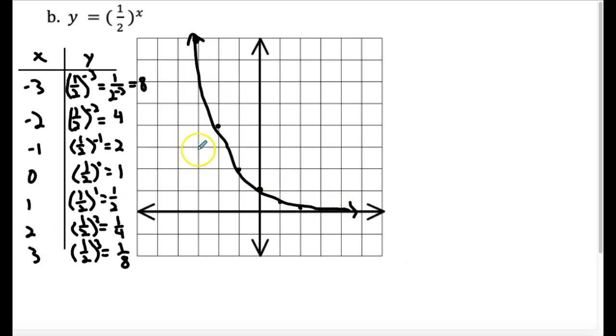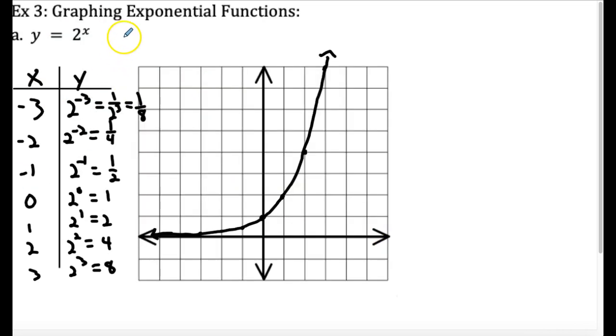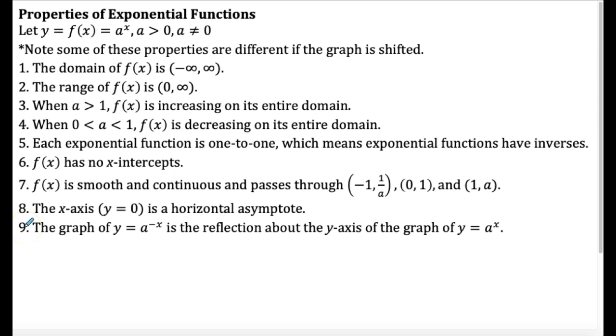And we'll look at these properties here on the next slide. But if the base is less than 1, that tells us that the function is going to decrease. If the base is greater than 1, our function is going to increase. So let's take a look at that list of properties.